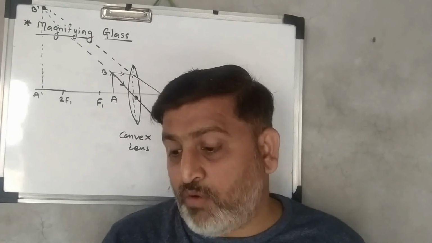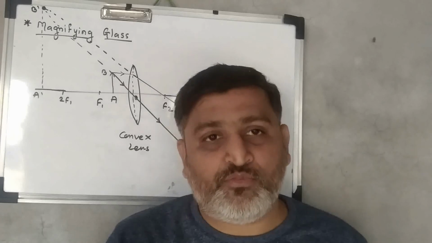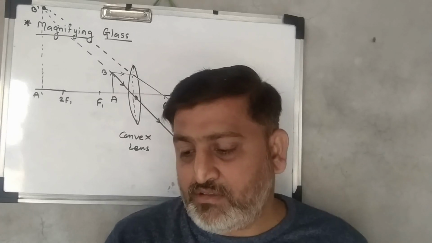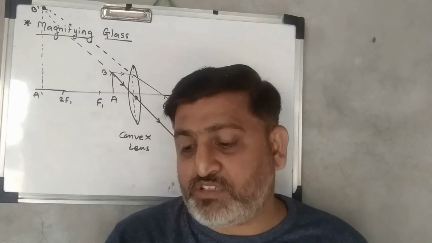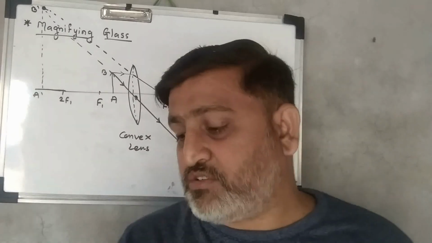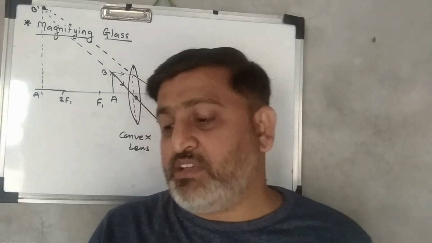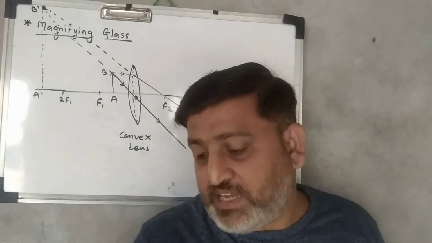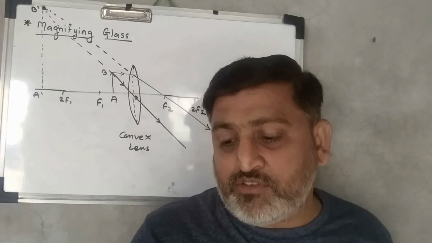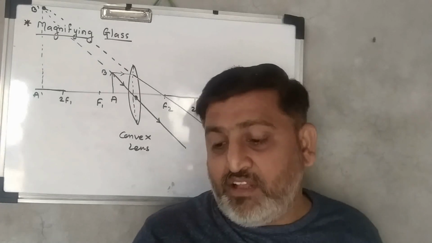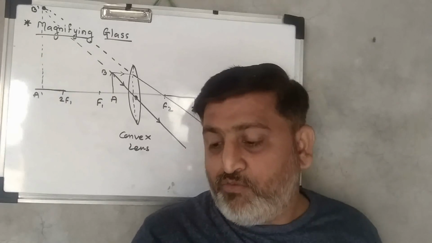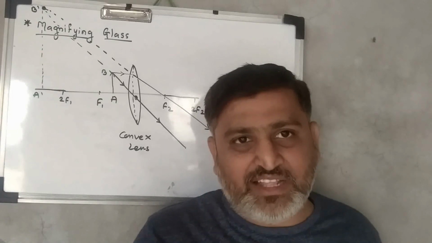The eye lens forms an inverted image of the object on the retina. Third application, when our eyesight weakens, we use spectacles having either a convex or a concave lens. A person who is suffering from long-sightedness, known as hypermetropia, who cannot see near objects distinctly, wears spectacles having a convex lens.